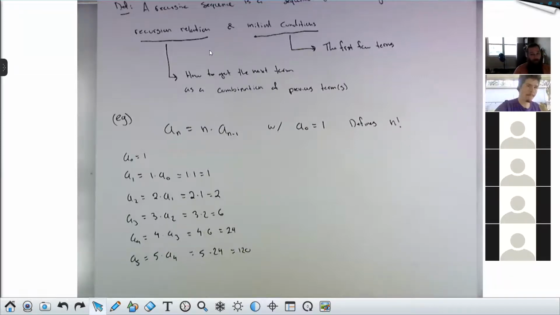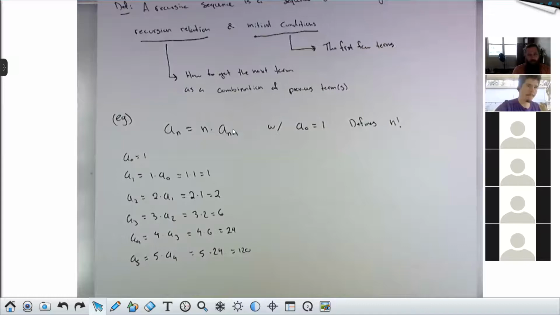Like if you wanted n equals 100? Yeah, that's the problem with recursive sequences. In order to get the next guy, you need to know the last guy. And sometimes you need to know like the last 2 or 3 or 4 guys. So if you want like a_1000, you're probably going to need to compute a_0 through a_999 first.